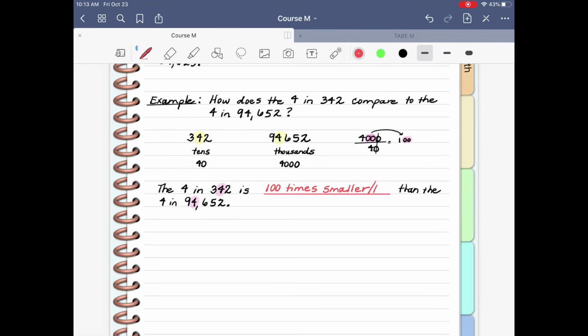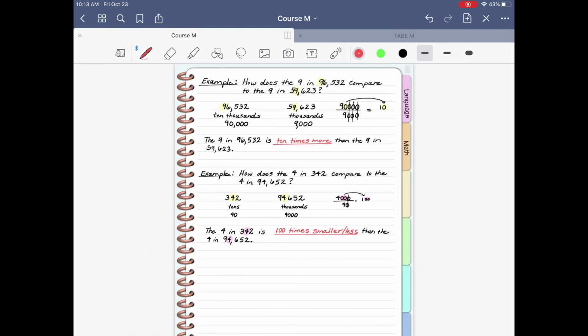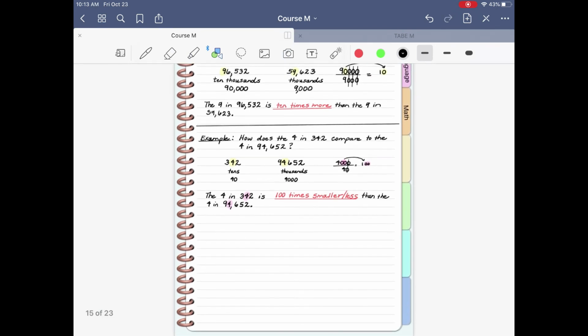You could also say 100 times less than the 4 in the larger number. And I think just for my own sake, guys, I'm going to draw a line between my problems so I can tell where one stops and another one starts. And we have room for one more example.